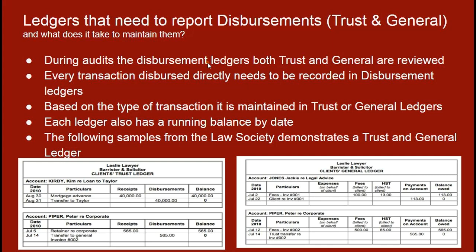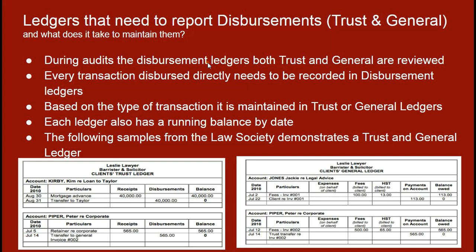During an audit, for example, the auditor may actually ask you for disbursement ledgers, both for trust and general. Of course, if you never used trust, that would be an empty document. Well, that's perfectly fine. And if you're only using general, of course, that would have all the transactions related to all the disbursements that you've had, right?